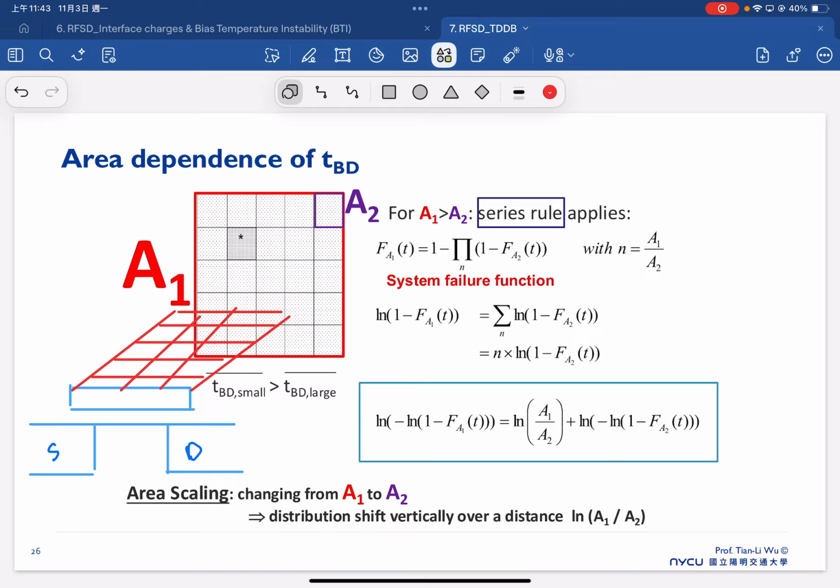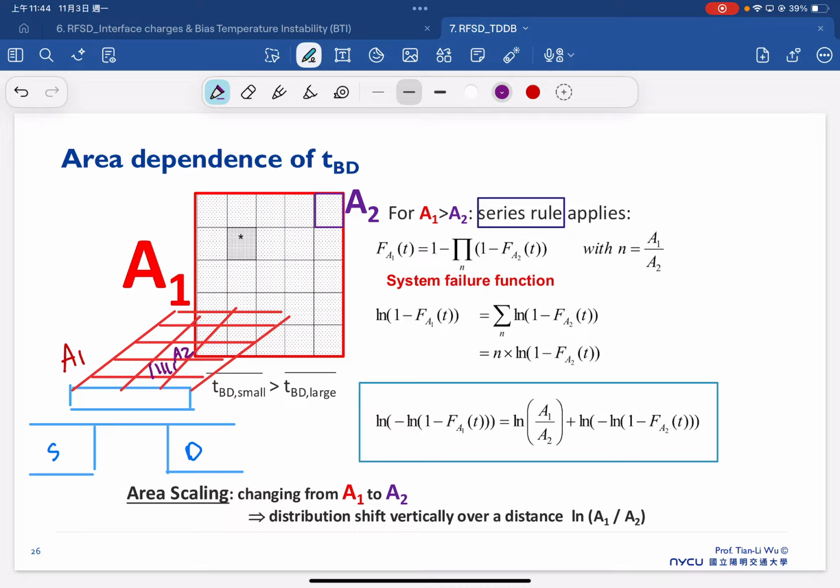And therefore, we can consider this big dielectric area as the total area A1 correlated with a small area A2. So, we are interested in the value compared between A1 and A2.